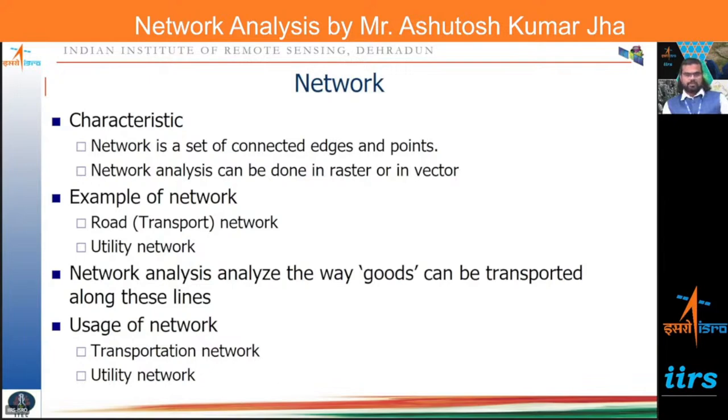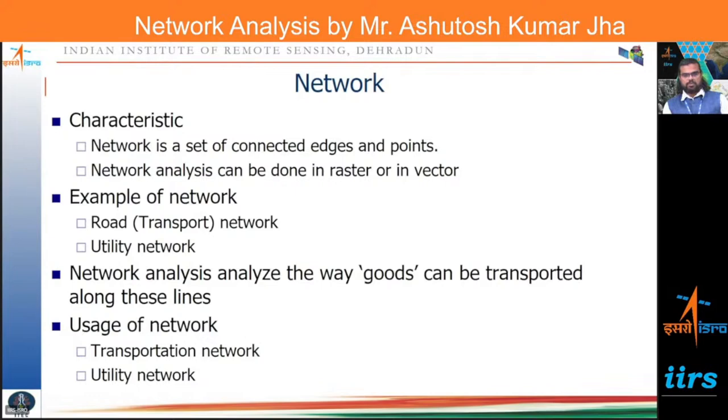Apart from the road network, examples include the utility network, power line networks, and also networks related to water distribution and so on. Those are also examples of networks where network analysis can be carried out.